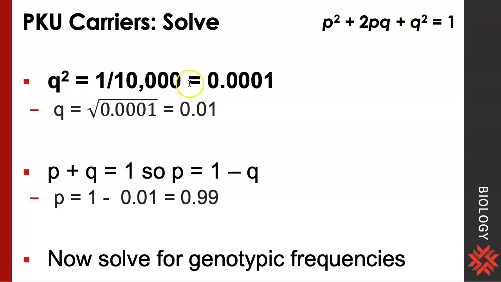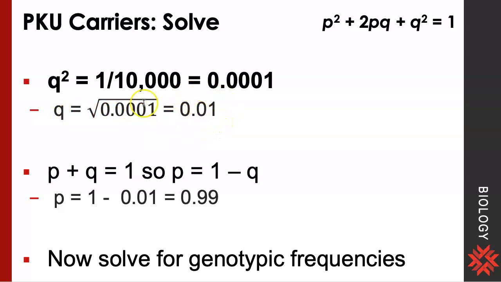So Q squared equals 0.0001. If you do the square root of that answer, you can solve for Q. So Q will be the square root of 0.0001, which gives you 0.01. So Q equals 0.01.